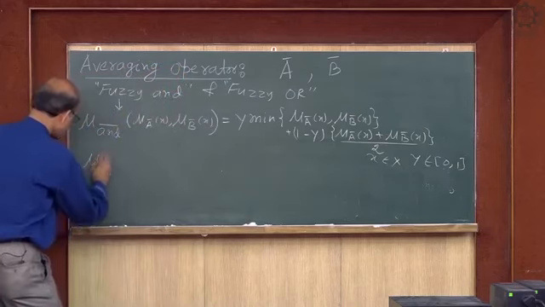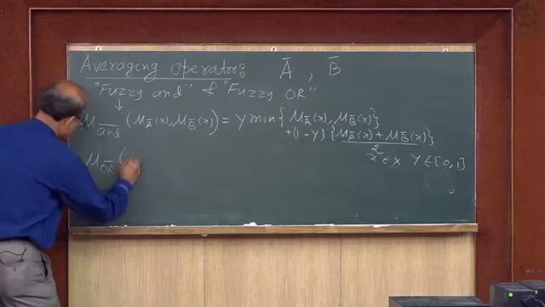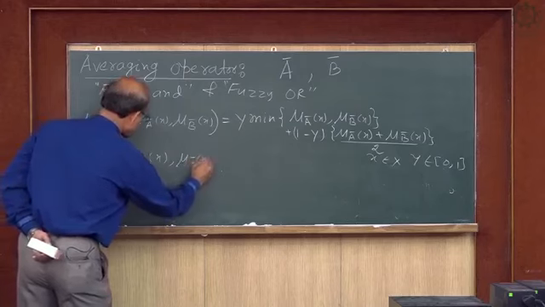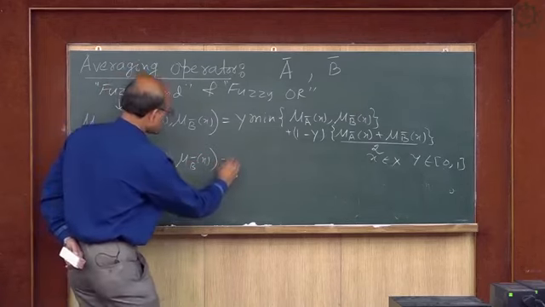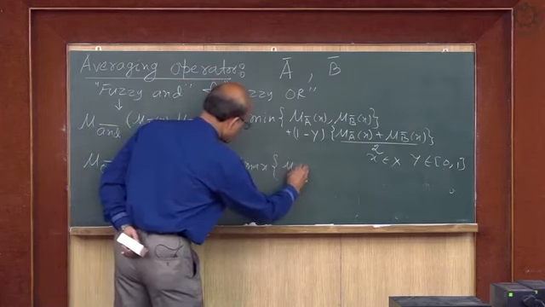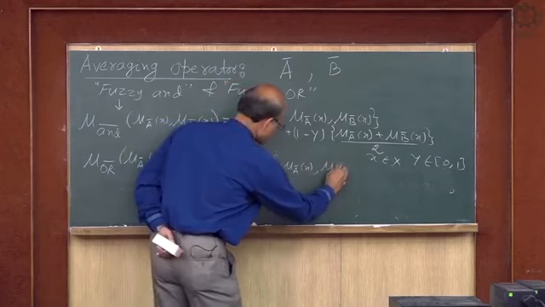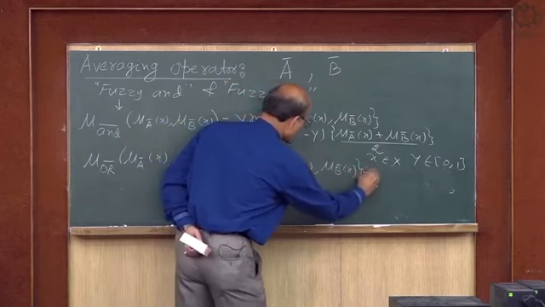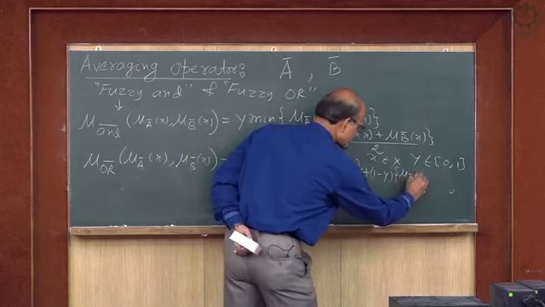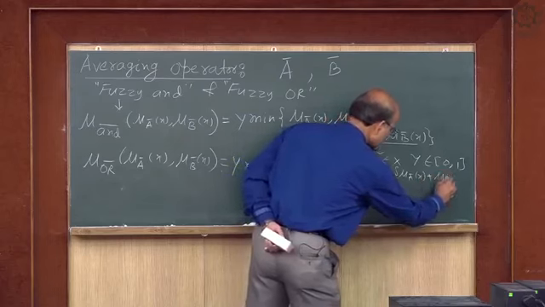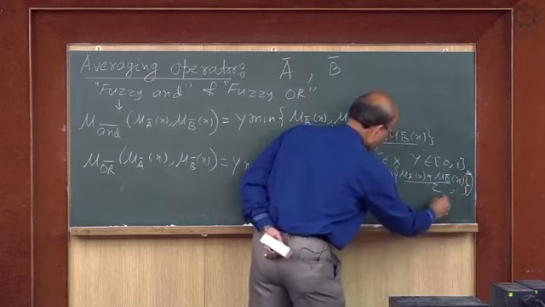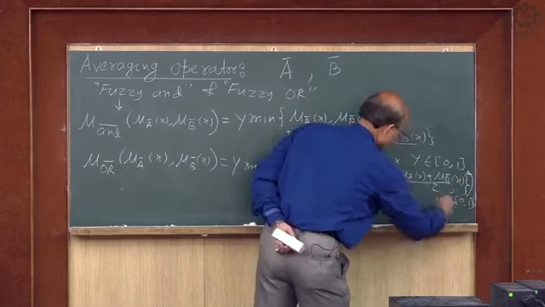So, we can write mu or mu A bar x, mu B bar x is equal to gamma max mu A bar x, mu B bar x plus 1 minus gamma mu A bar x plus mu B bar x by 2, and again gamma belongs to 0 1.